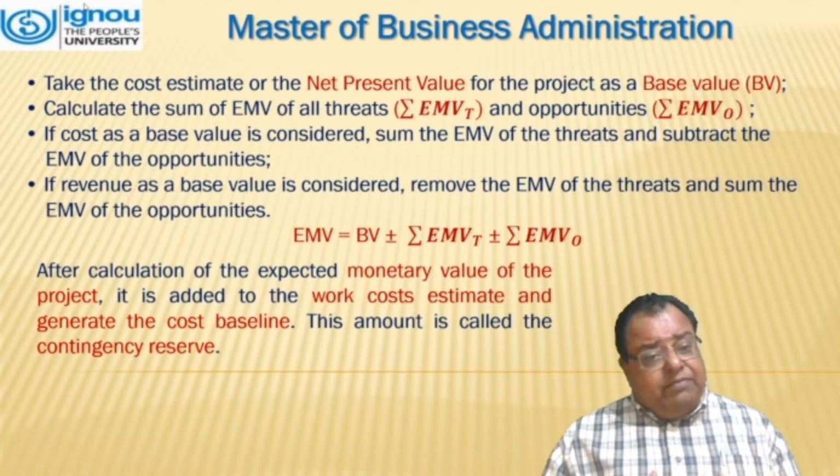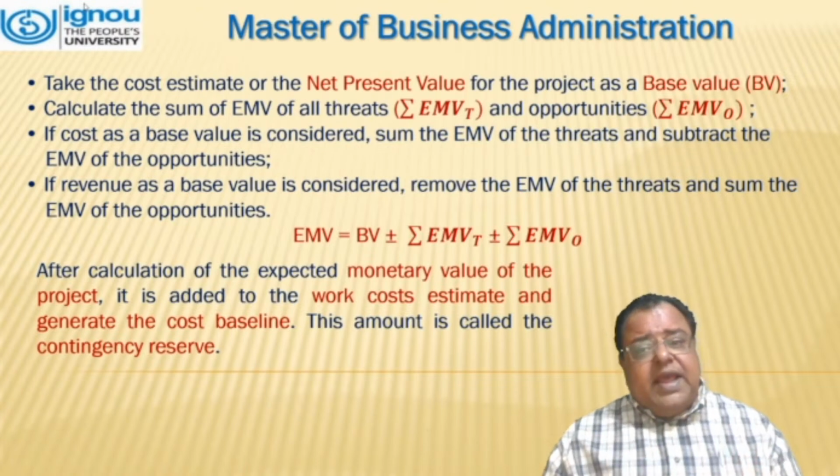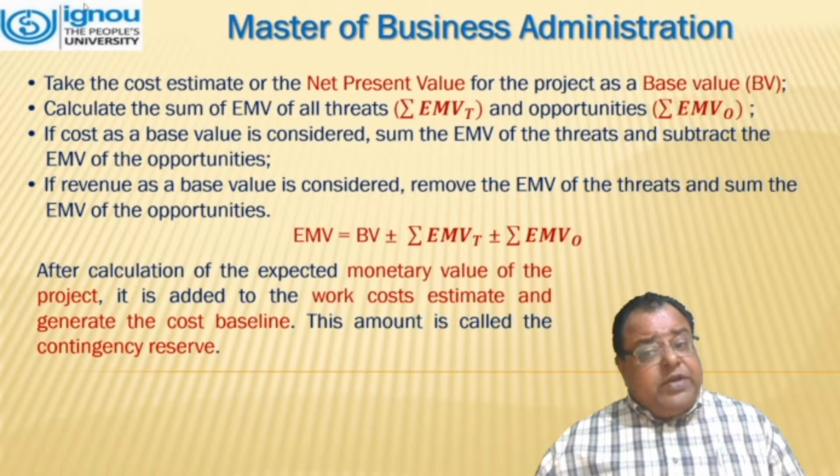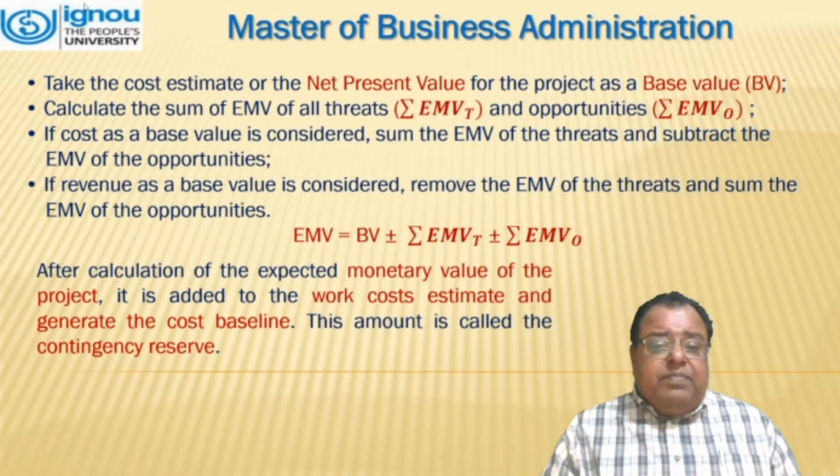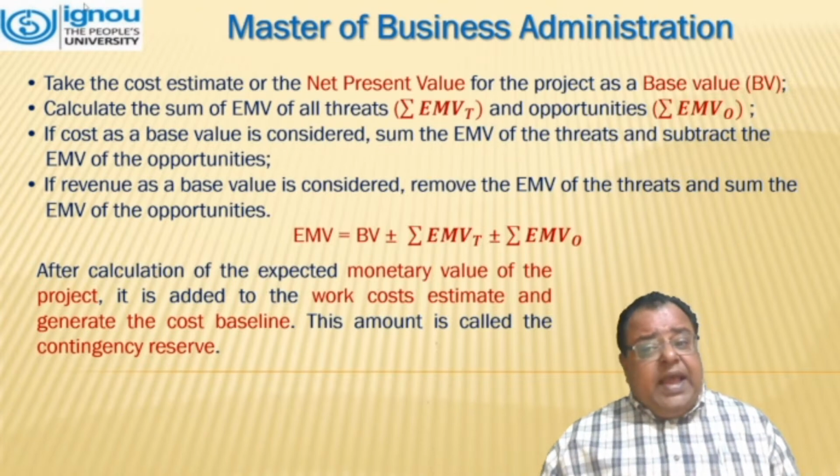Calculate the sum of EMV of all the threats, that is summation EMV T, T is for threats, and the opportunities, that is EMV O. If the cost as a base value is considered, sum the EMV of the threats and subtract the EMV of the opportunities.